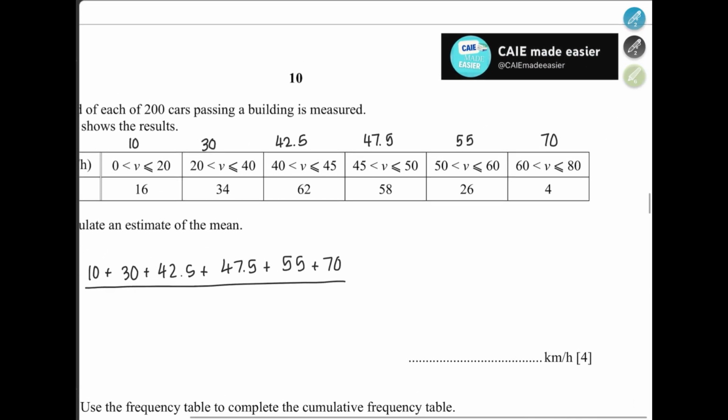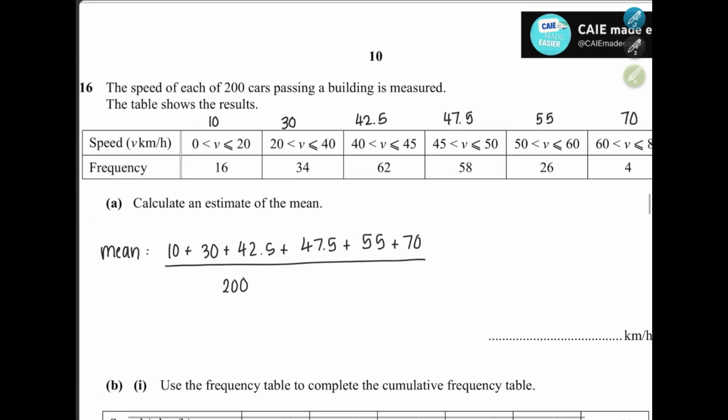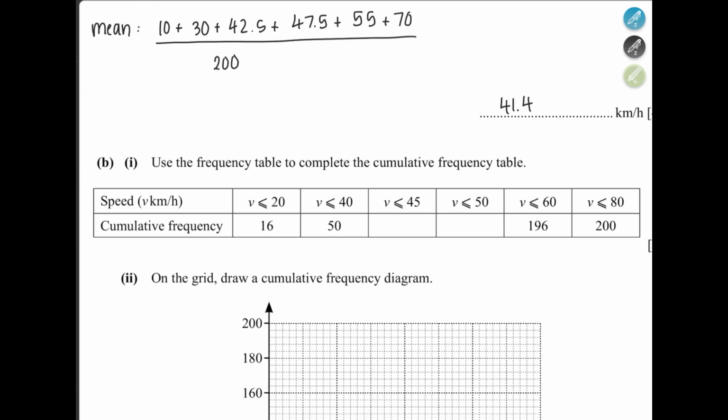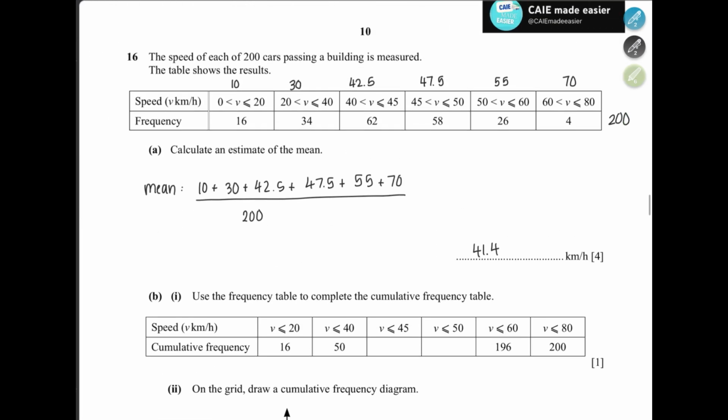So you have to basically add all these numbers together and you will get 200. So if you divide this by 200, we will get the mean, which is 41.4 kilometers per hour.